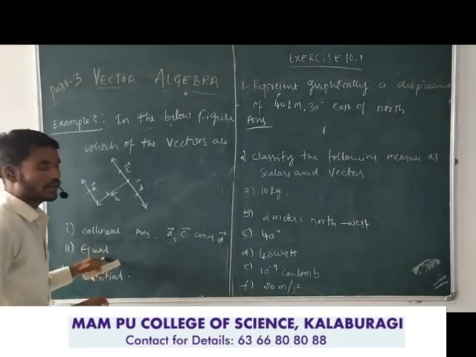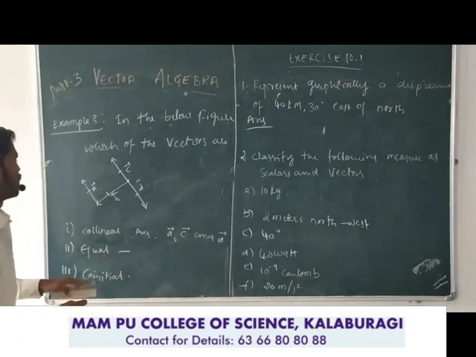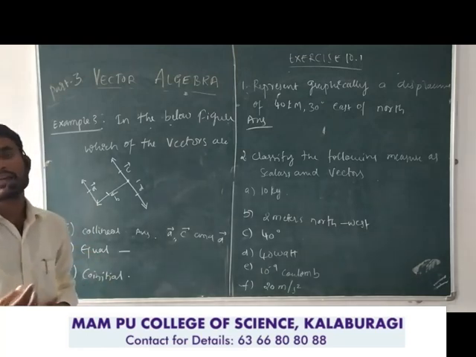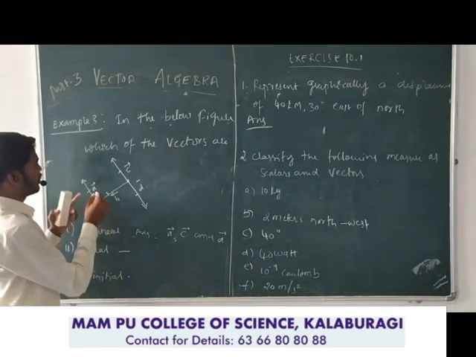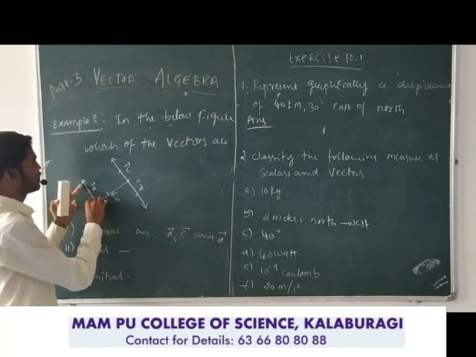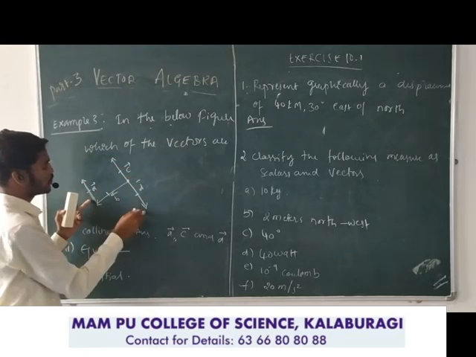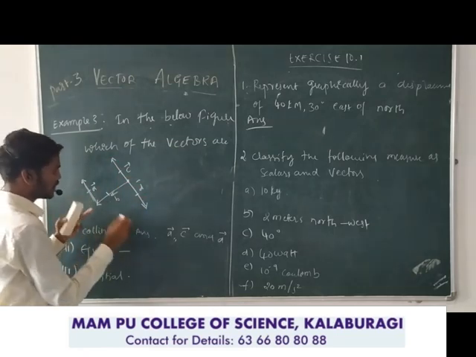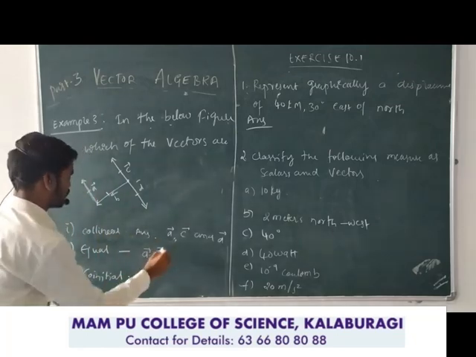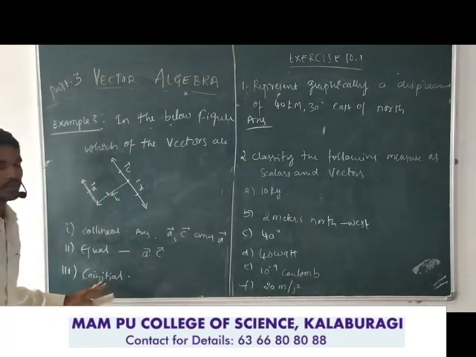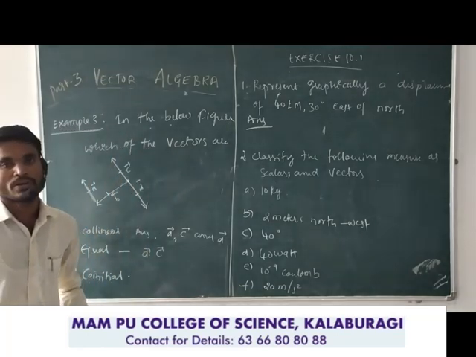Next, the second condition, equal. Equal means same magnitude and same direction. Here see the direction: the first one is in this direction and the second is in this direction, but these two vectors have different directions. We can write A vector and C vector. The third one is coinitial. Coinitial means common initial point.